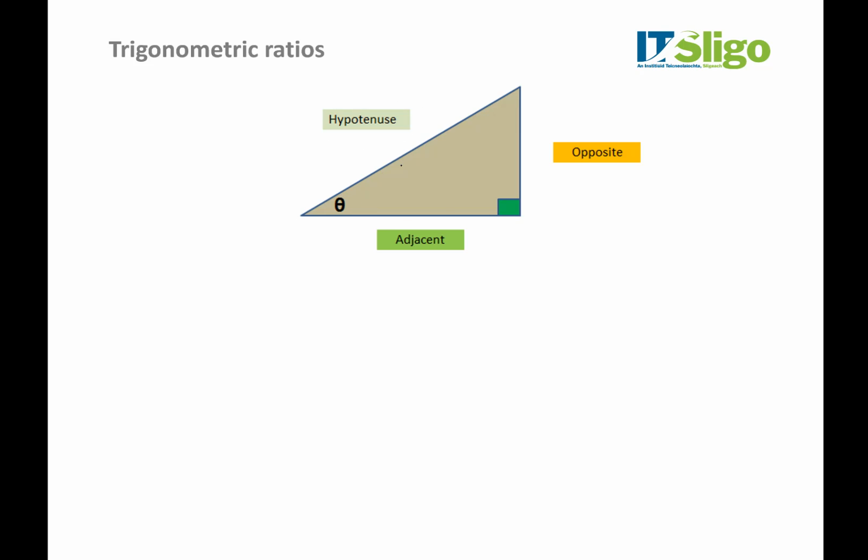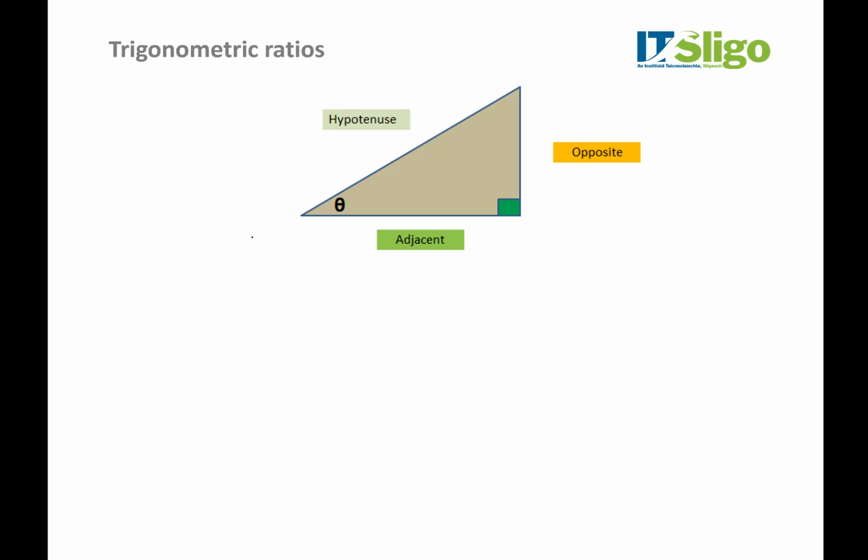But the side opposite the angle, if you can nearly see the angle, that's like an eyeball. Whatever side that eyeball is looking at is called the opposite. The side that's beside the angle of interest is called the adjacent, because adjacent means beside. And as I said, the longest side is the hypotenuse.